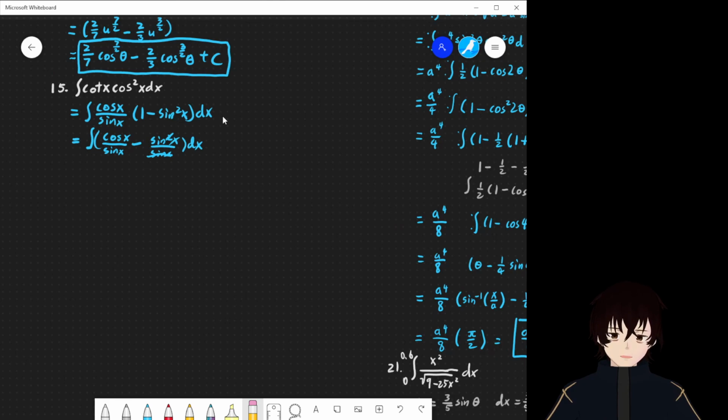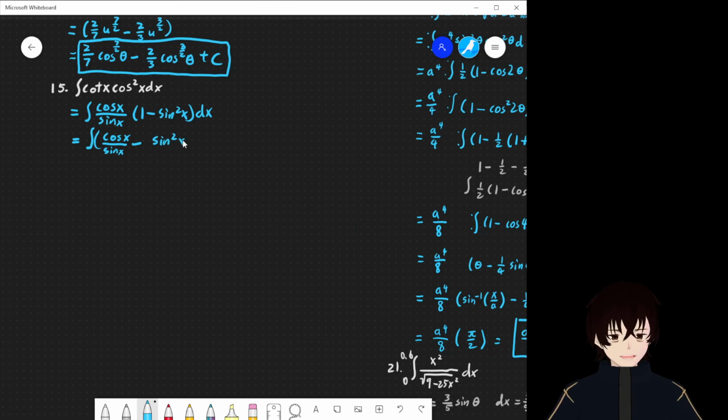1 minus sine squared x. Cotangent is cosine over sine. Oh, I see. I forgot something here. I forgot to factor in the cosine.